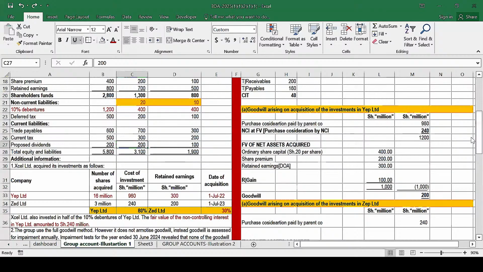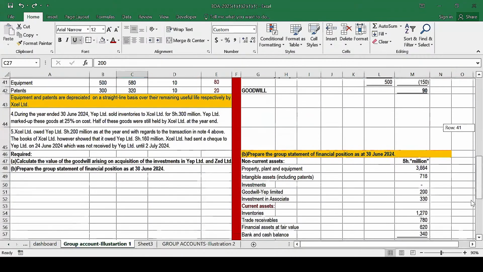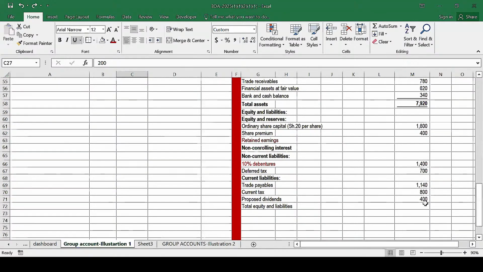So basically, what we need to do is to eliminate the dividends which are payable to the parent. From the proposed dividends, we are going to less the dividends payable to the parent, which should be 80% of the proposed dividends of the subsidiary.